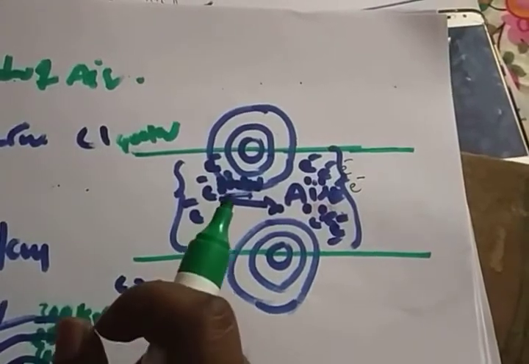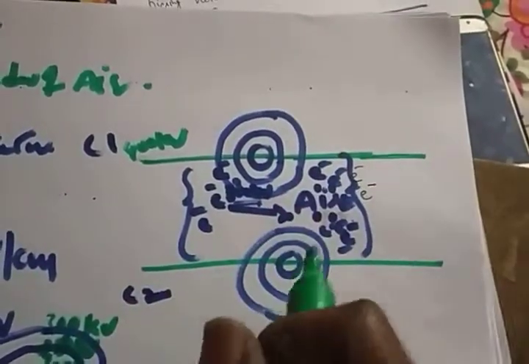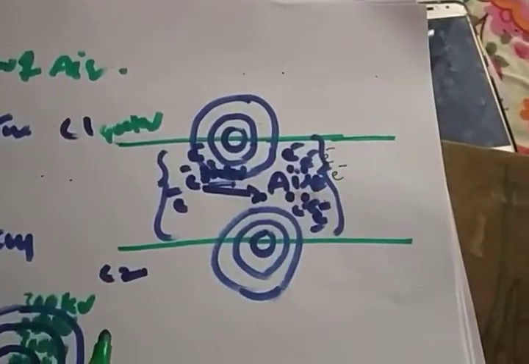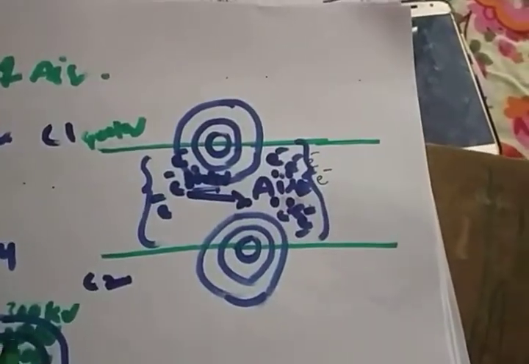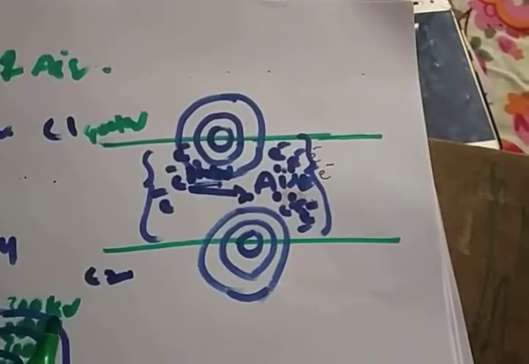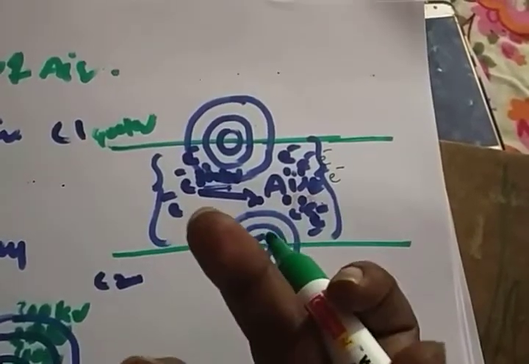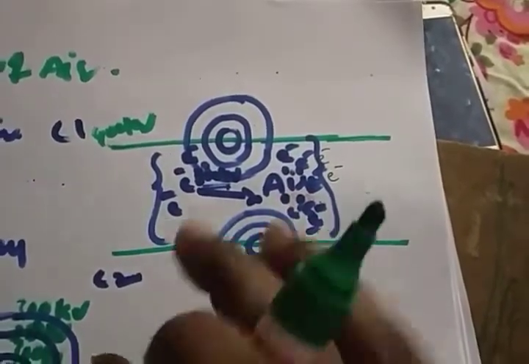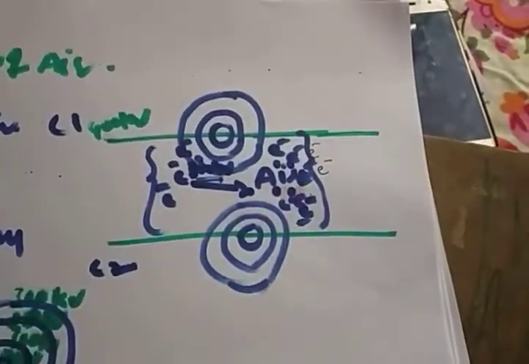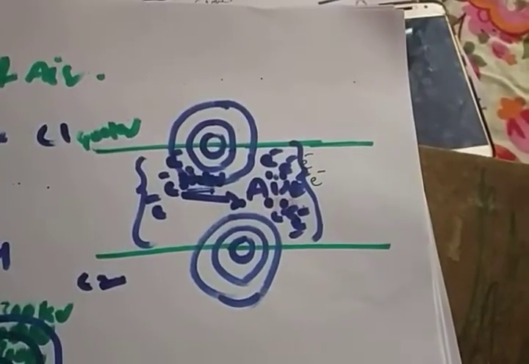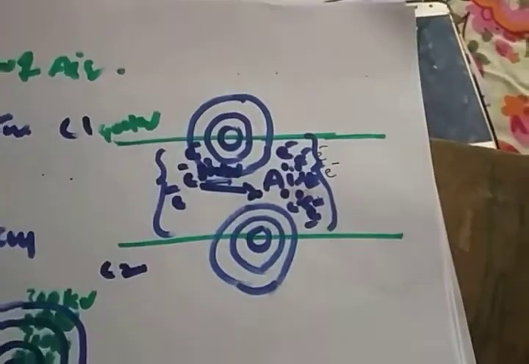The minimum voltage required to break down the dielectric strength of air, that voltage we can call the critical disruptive voltage, right? And the minimum voltage at which the corona glow will be visible is called the visual disruptive voltage, which we will discuss in our next sessions, right?